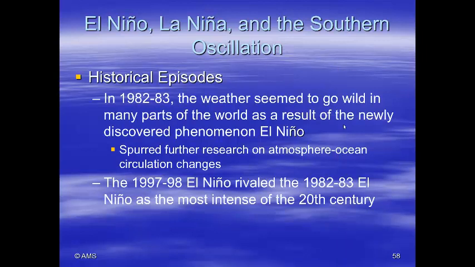So in 1982-83, the weather seemed to go wild in many parts of the world as a result of a newly discovered phenomenon, El Niño. This spurred further research on the atmosphere-ocean circulation changes. In 1997-98, El Niño rivaled the 1982-83 El Niño as the most intense of the 20th century.